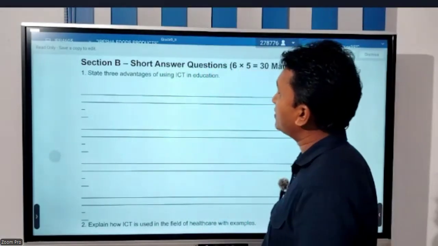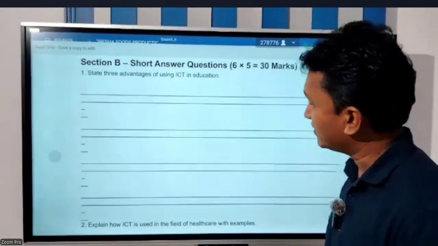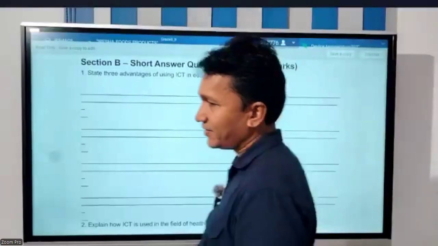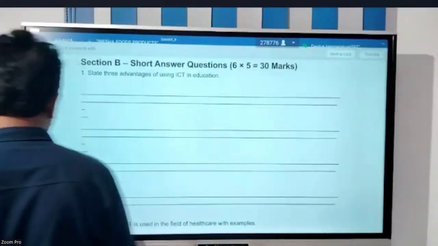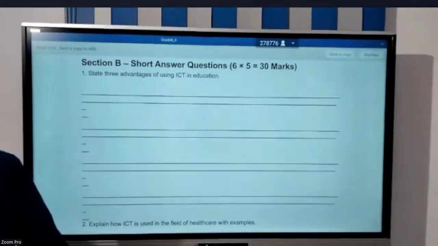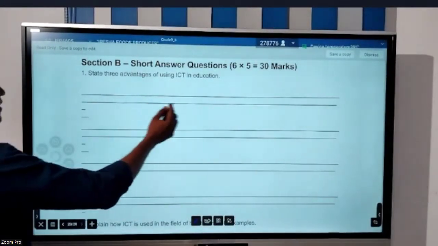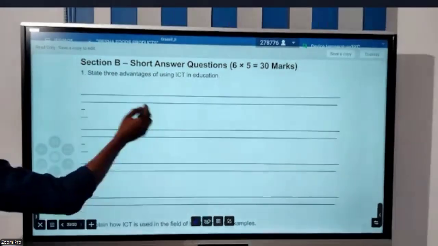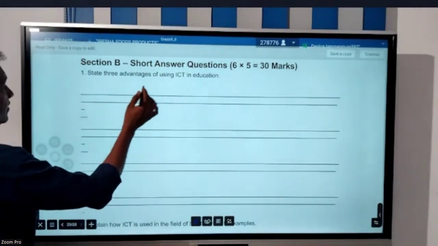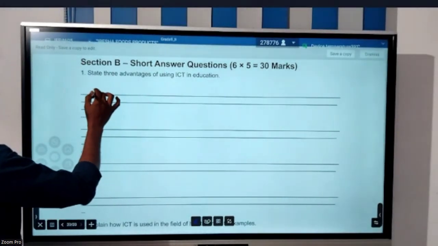State three advantages of using ICT in education. Three advantages we have to write. In education, what are the advantages?